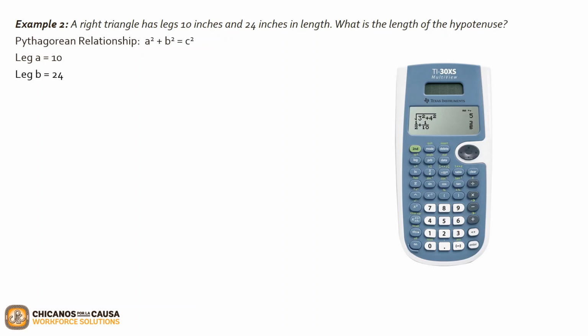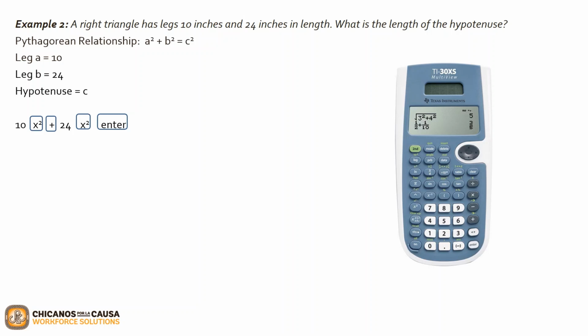We don't know its measurement. You can do it by hand. I have faith in you, and I'm pretty sure you'll get it correct. But this lesson is teaching you how to use a calculator. So let's show you how to enter your values onto the calculator in order to get the hypotenuse.